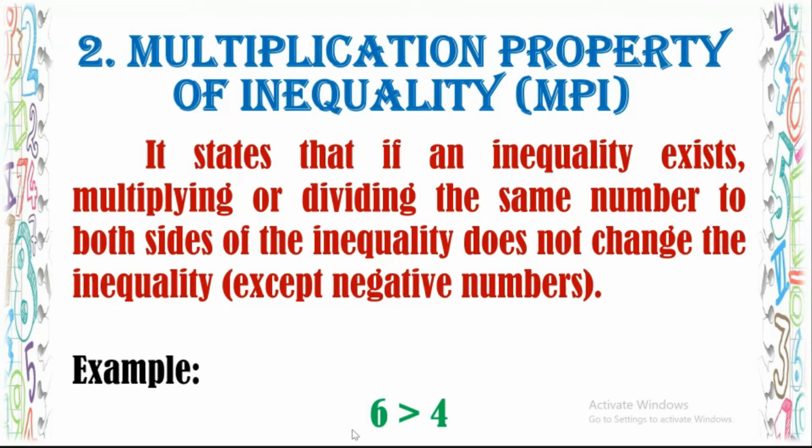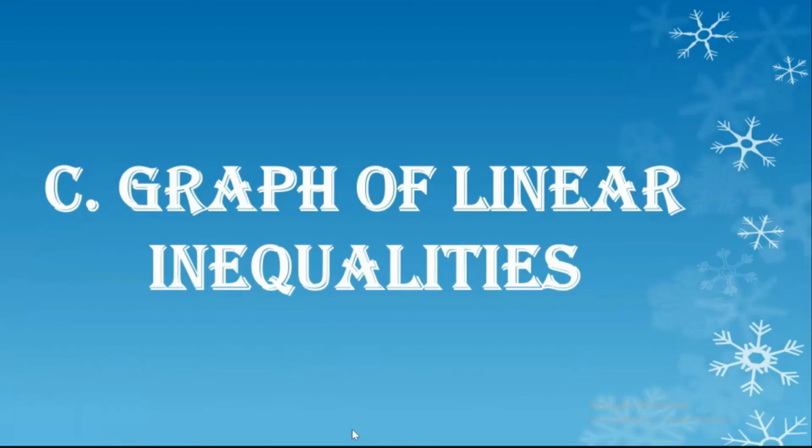Take note, it is already a true statement. Remember, the opposite of greater than is less than, and the reverse of greater than or equal to is less than or equal to. Let us now proceed to the graph of linear inequalities.